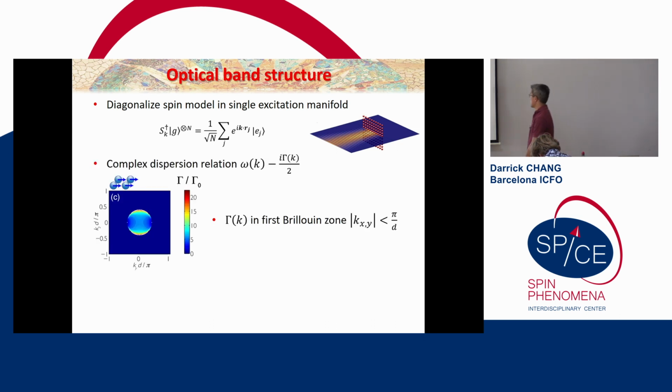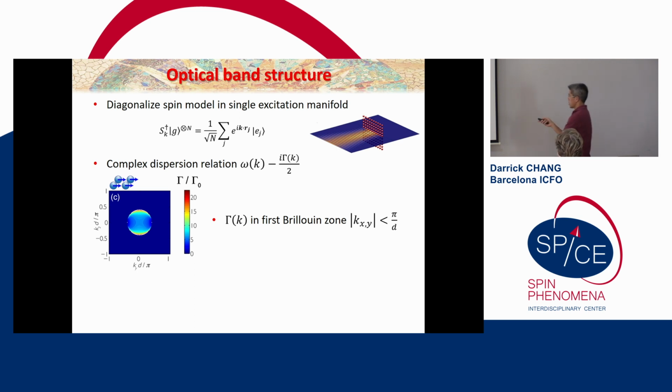So just by utilizing the discrete translational symmetry of the system, states like these are guaranteed to be eigenstates in the single excitation manifold. But then because I have an open system, I'll get a complex dispersion relation. So each Bloch mode k will have not only a real frequency component, which is what you would call the conventional band structure, but also a dissipative component, gamma, which is a function of k itself.